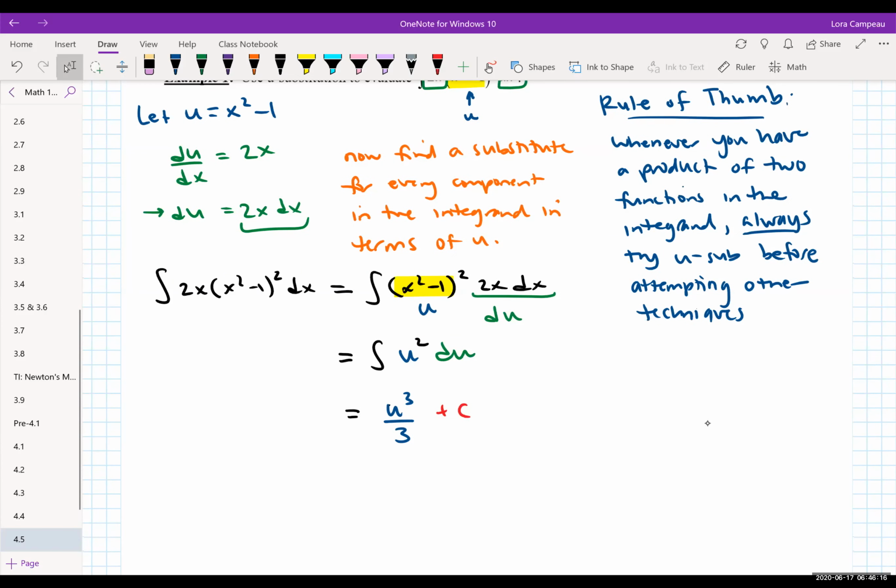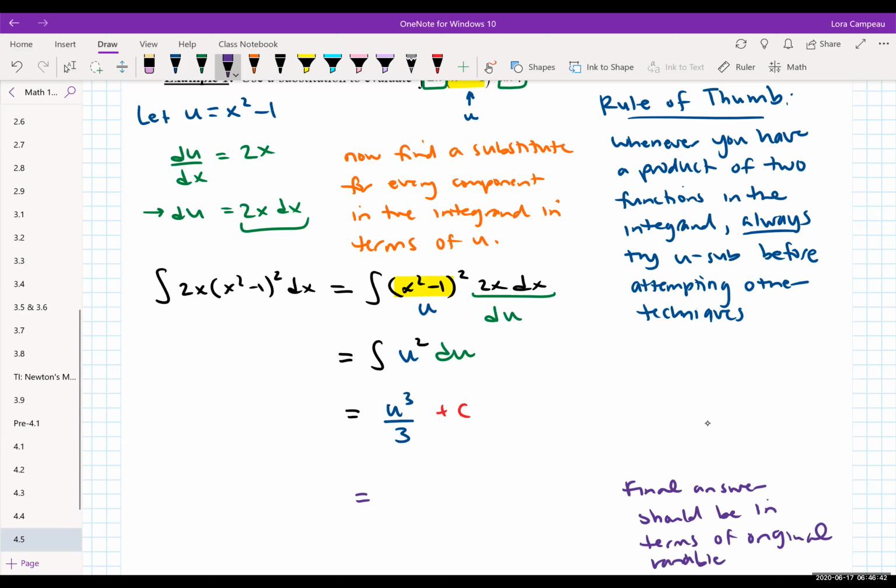So we can integrate as usual, but whenever you make a substitution, kind of like what we did in algebra, you have to make sure that the final answer is in terms of the original variable.